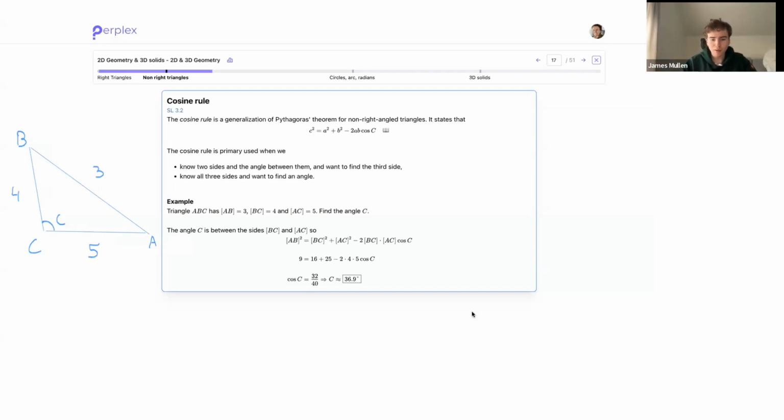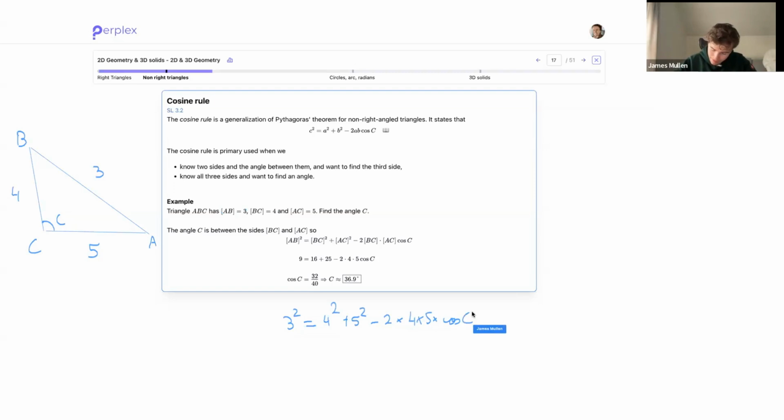It's not an accurate triangle, but it doesn't matter. We're going to use the side that's opposite the angle C, which is the length AB. The one that doesn't involve C is opposite C. So I write 3 squared is equal to 4 squared plus 5 squared minus 2 times 4 times 5 times cosine of C.